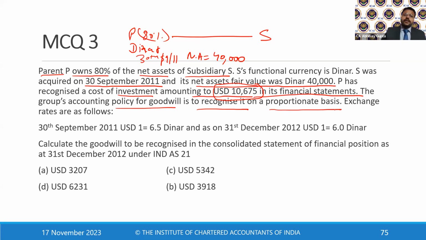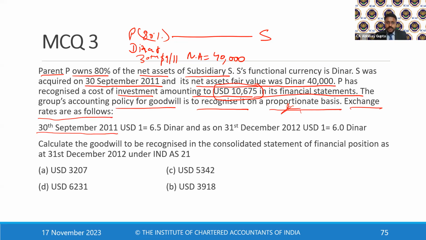So under Ind AS 110, you must have studied that goodwill can be recognized either on a full goodwill basis or on a proportionate basis, right? Now here the facts of the question say it is opted to be proportionate. Exchange rates are as follows.